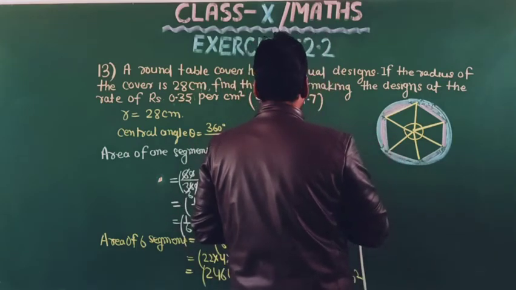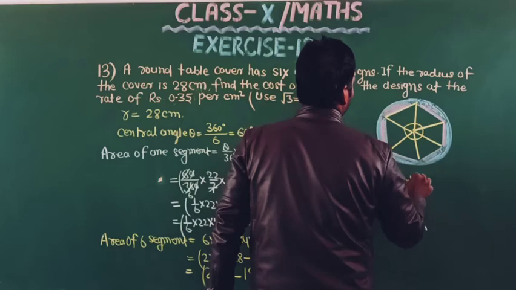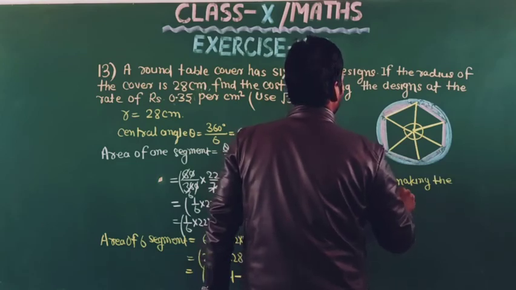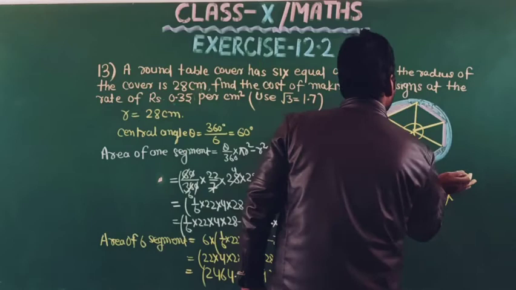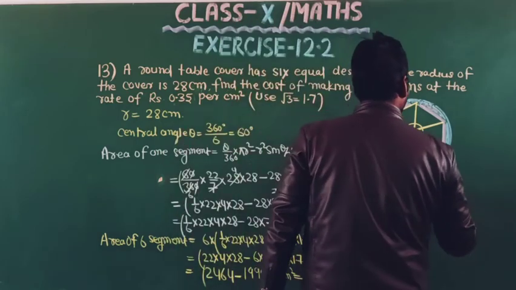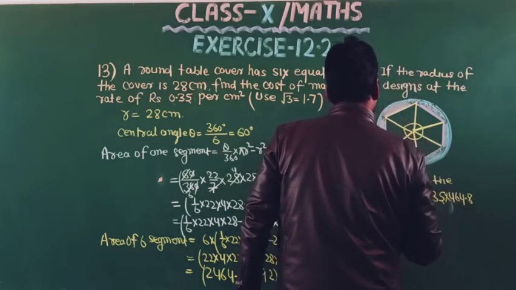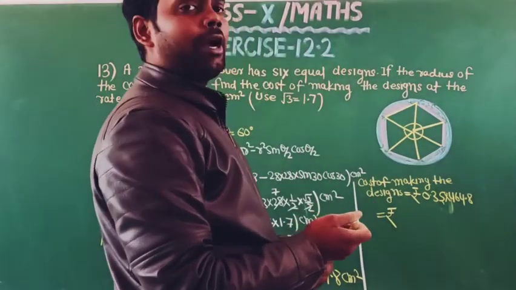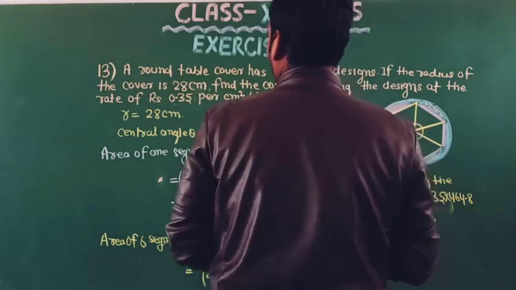So the cost of making the design equals 0.35 multiplied by 464.8, which gives 162.68 rupees.